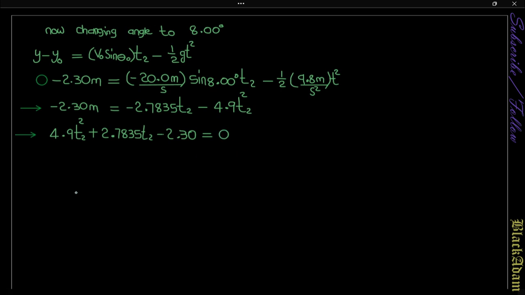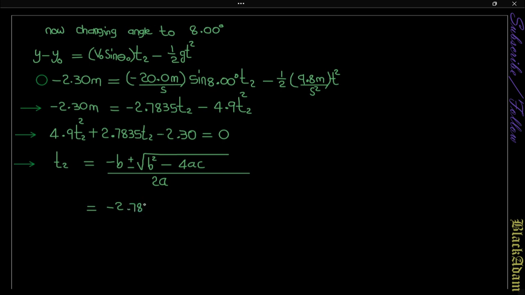And then once again we're going to use the quadratic equation. So t2 is going to be negative b plus or minus the square root of b squared minus 4ac, all divided by 2a. And then we know that our negative b is going to be negative 2.7835 plus or minus the square root of 2.7835 squared minus 4.